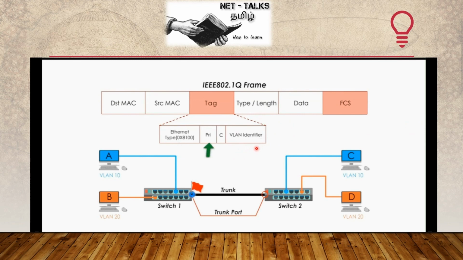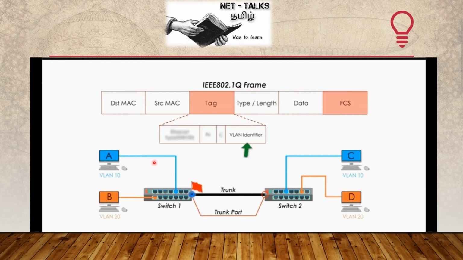Up to 4095 VLAN numbers can be allocated here. That's why the VLAN number range is 0 to 4095. If you want a brief about VLANs, please go through my previous videos available on my channel. It will get flagged with the VLAN identifier, the VLAN ID.